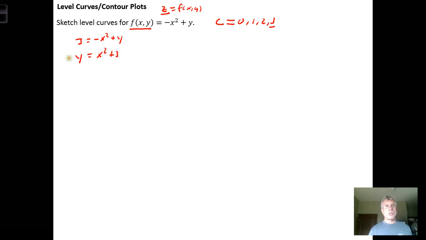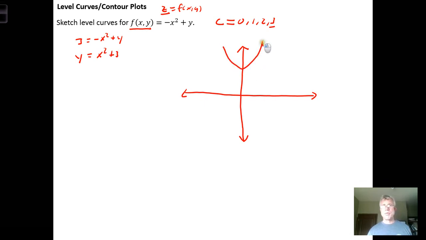And then what you do is you graph this. This is taking a graph that was in the xyz system and moving it into a graph that lives in the xy plane, and I would graph it in the xy plane. And in the xy plane, this is just a parabola that's been shifted up 3 units on the y-axis.